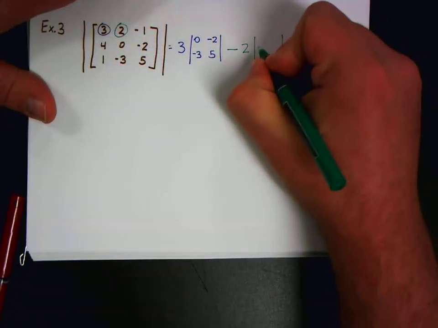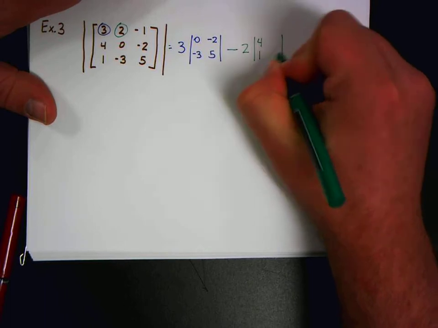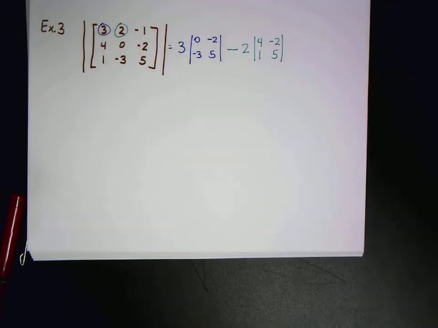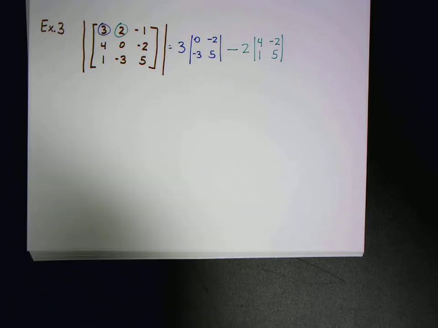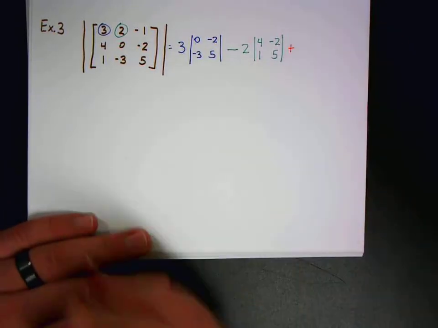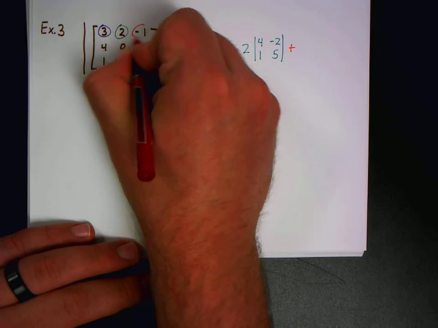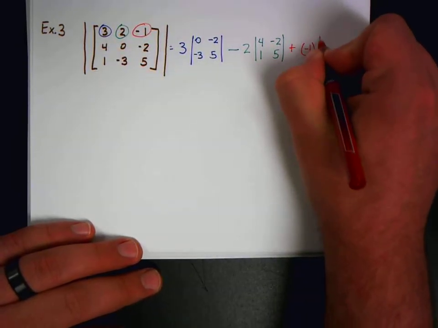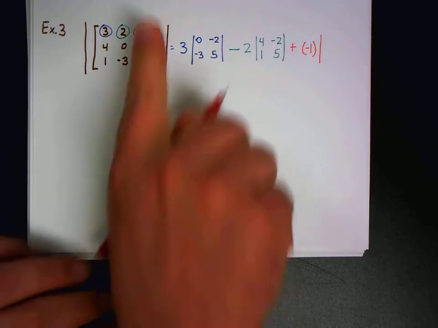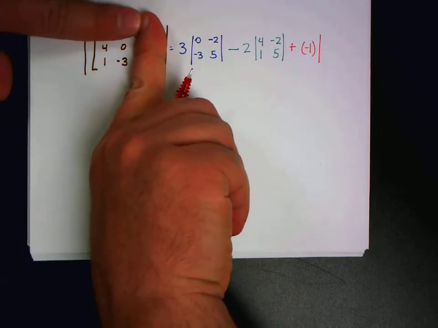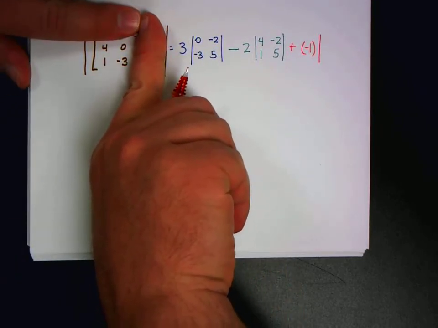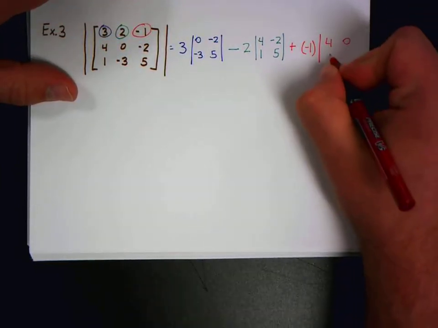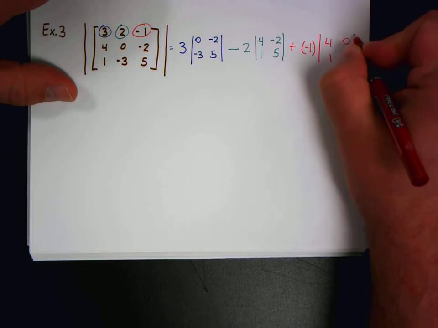So that'd be 4, 1, -2, 5. Then I have a plus, and I do the next number, so it's -1. Times, ignore that column, so I'm going to use those numbers this time. So 4, 0, 1, -3.